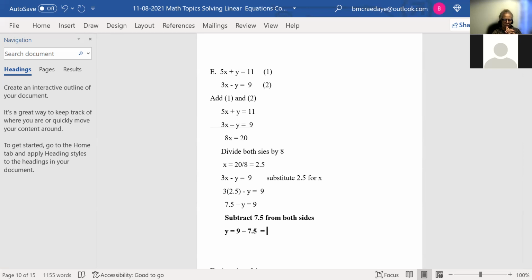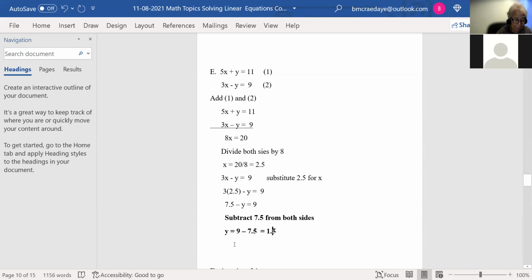Yes, now 9 minus 7 is 2. Now what's 0.5 from 2? What's that equal to? 1.5. You subtract 7.5 from 9 and you get 1.5.